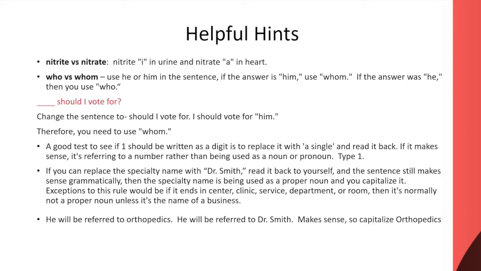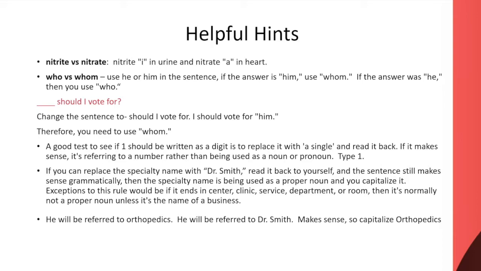And of course, this one here, a lot of times students get a little confused on when to capitalize and when not to capitalize a department. So if you read it back to yourself and the sentence will still make sense grammatically, then the specialty name is being used as a proper noun and you capitalize it.